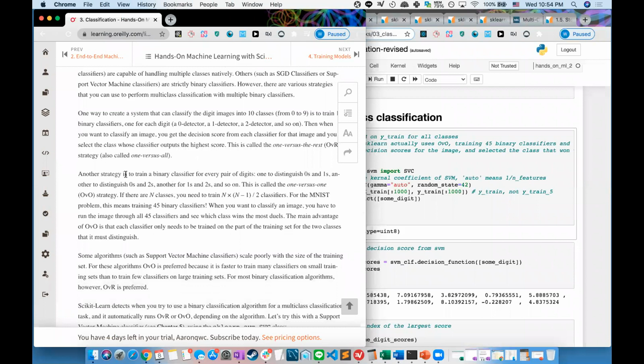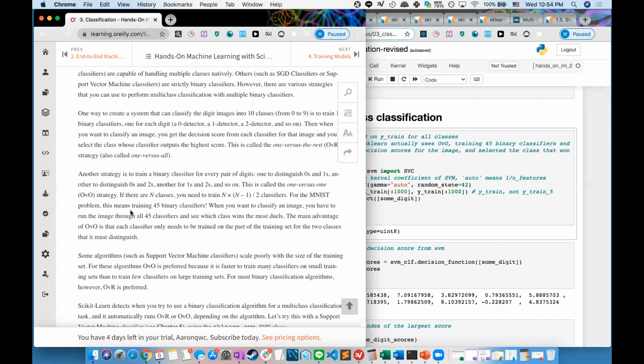Cool. Another strategy is to train a binary classifier for every pair of digits, one to distinguish 0s and 1s, another to distinguish 0s and 2s, another for 1s and 2s, and so on. This is called the one versus one strategy. If there are N classes, you need to train N times N minus 1 divided by 2 classifiers.